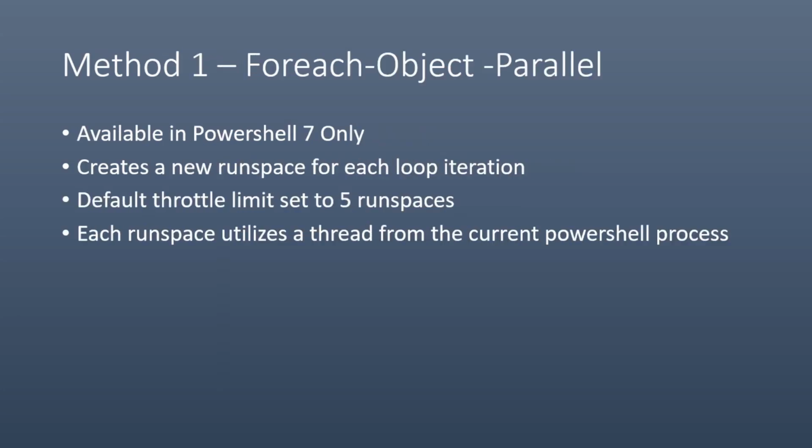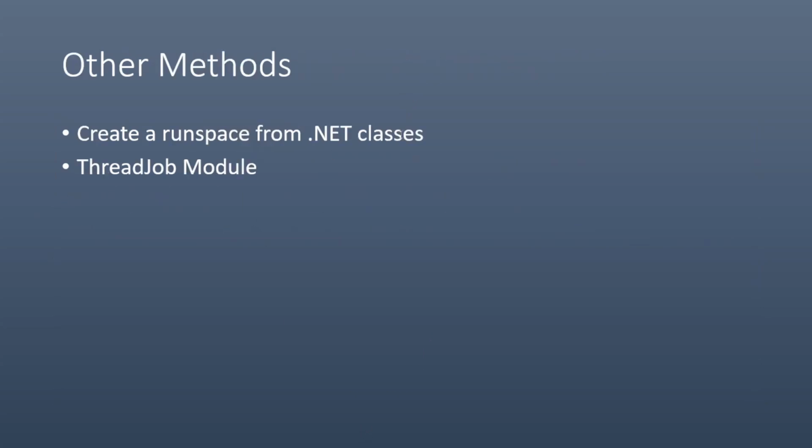Remember, this parallel parameter on ForEach-Object is only available in the version of the ForEach-Object cmdlet that comes with PowerShell 7. So what if the computer you're running the script from is PowerShell 5, but you want to use runspaces? Well, you would have to create the runspaces directly from .NET classes, which becomes a little more programmer-ish, a little more developer-ish, if you will.